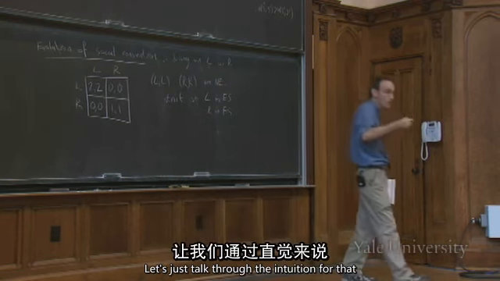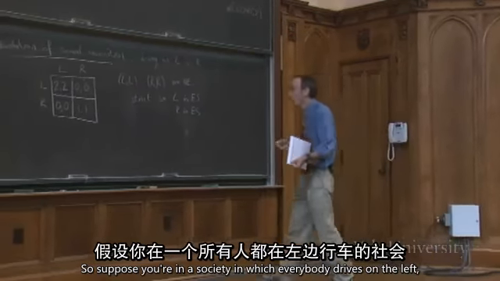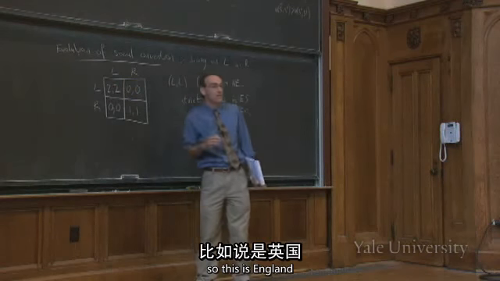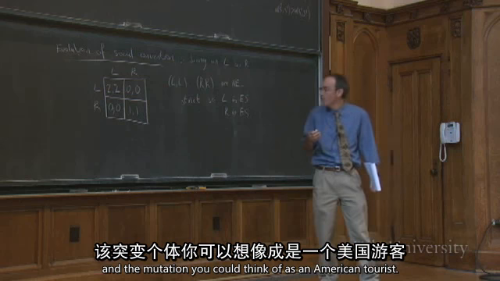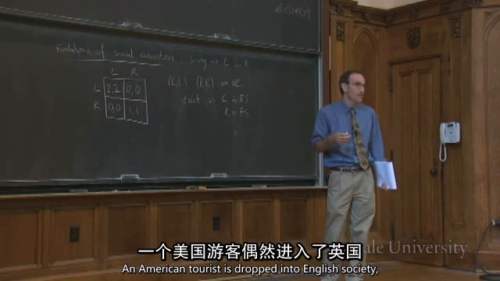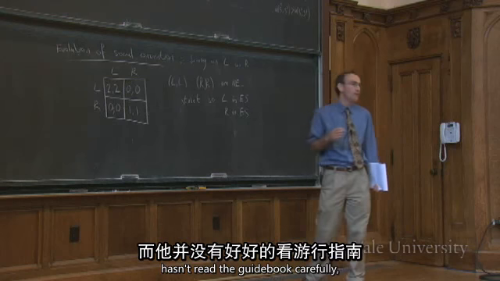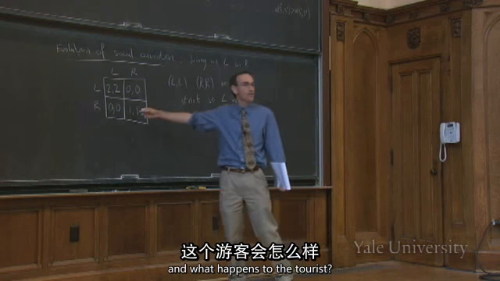All right, let's just talk through the intuition for that and make it clear. So suppose you're in a society in which everybody drives on the left. So this is England. And suppose a mutation occurs, and the mutation you could think of as an American tourist. An American tourist is dropped into English society, hasn't read the guidebook carefully, starts driving on the right, and what happens to the tourist?